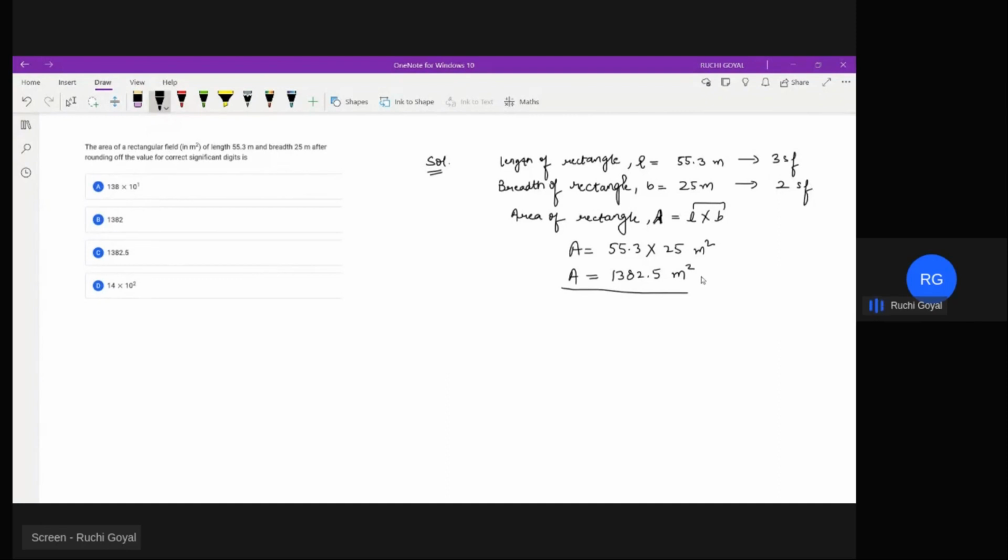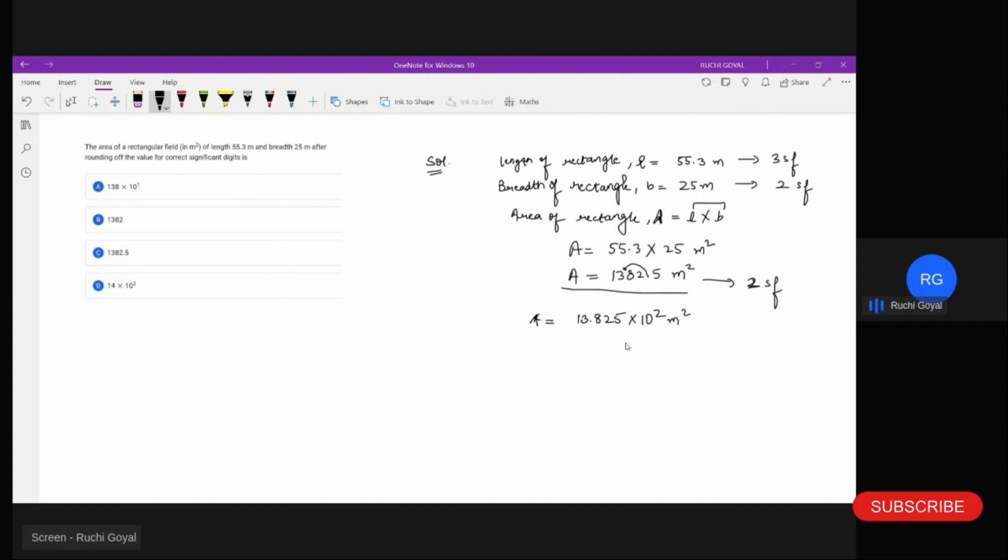So we have to round off the result to two significant figures, because the least number of significant digits is taken into account. So what will be the area? Firstly, we can shift the point after two digits. It will be 13.825 into 10 raised to power 2 meter square.